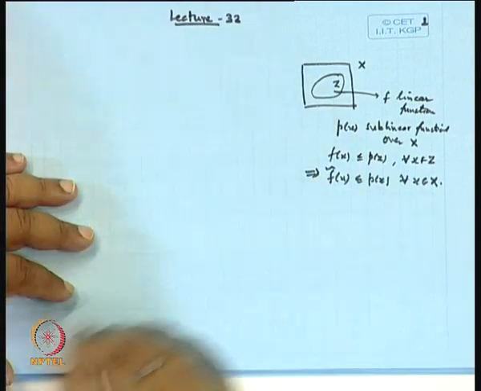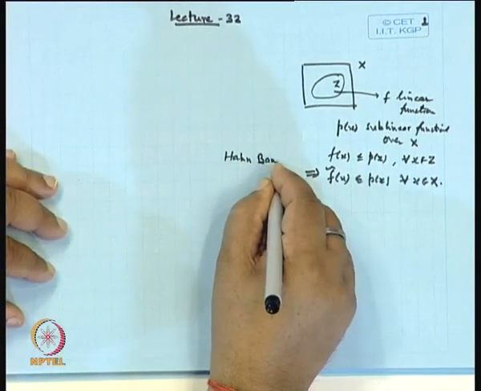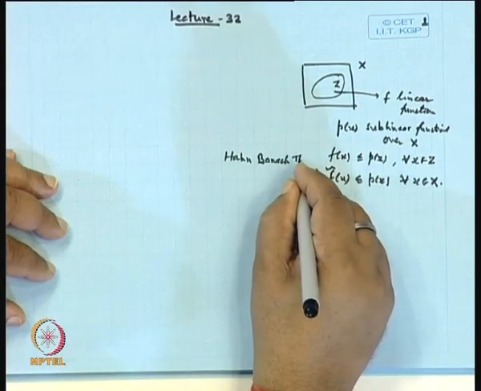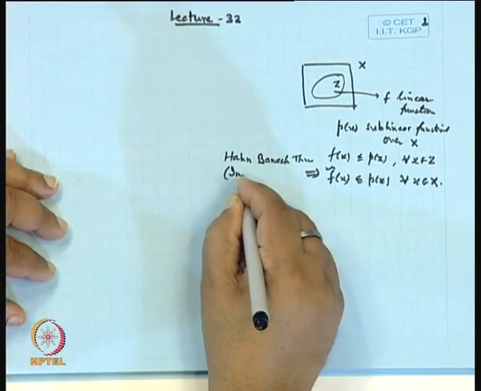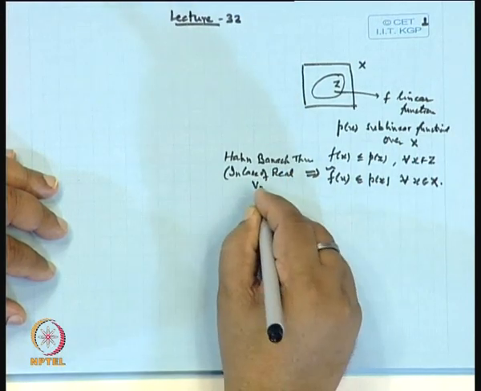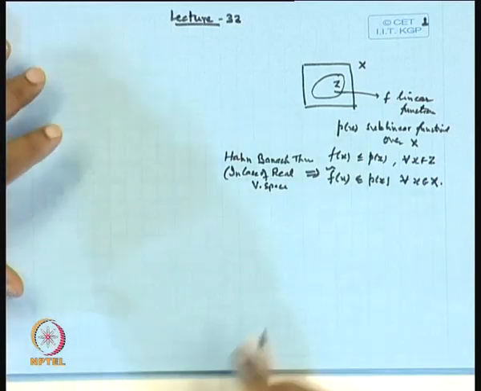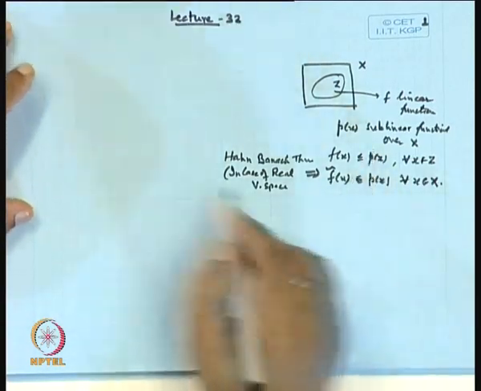So, this is the Hahn Banach theorem in case of a real vector space. By a sublinear functional we mean a functional which is subadditive.